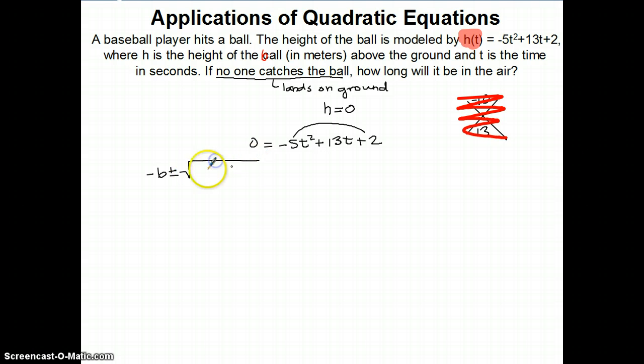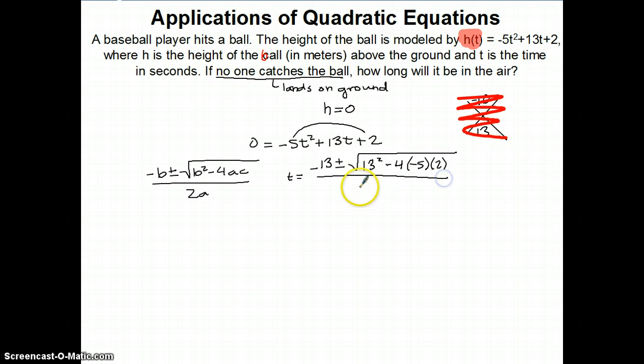Negative b plus or minus the square root of b squared minus 4ac all over 2a. So t equals negative b, which is 13, plus or minus the square root of b squared, so that's 13 squared, minus 4 times a, which is negative 5, times c, which is positive 2, all over 2 times a, which is negative 5.